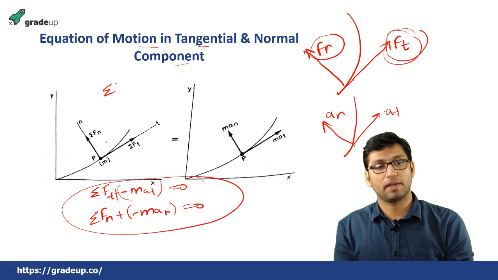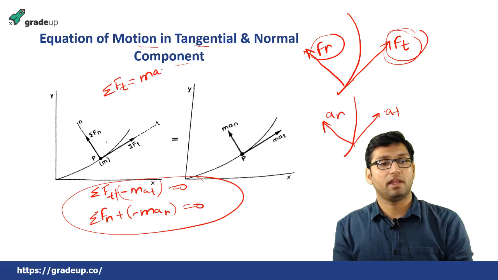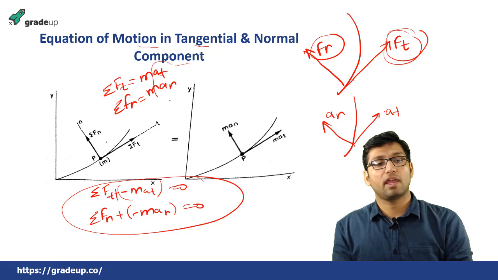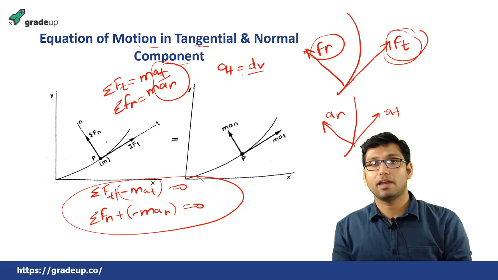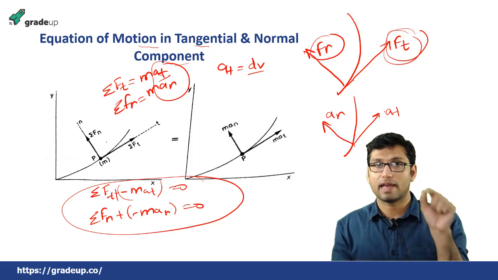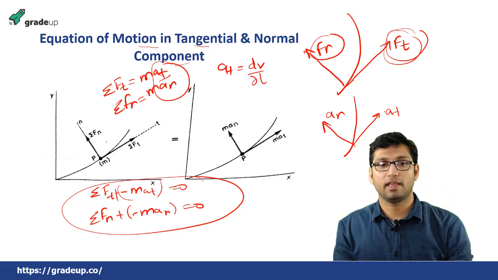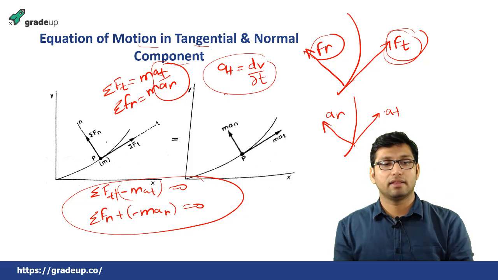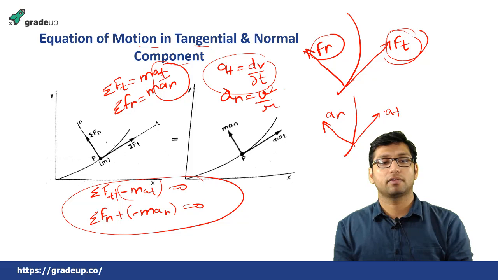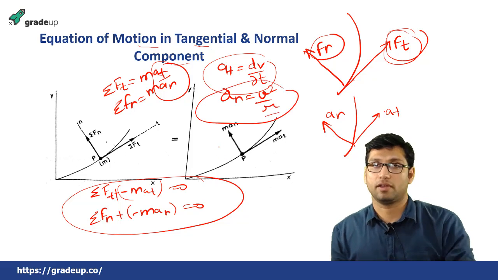Otherwise, it is very simple by Newton's second law of motion: the tangential force will be equal to mat and the normal force will be equal to man. Where the tangential acceleration, as we have studied in kinematics, is equal to dv over dt, and the normal acceleration will be equal to v square over r, where r is the radius of curvature.